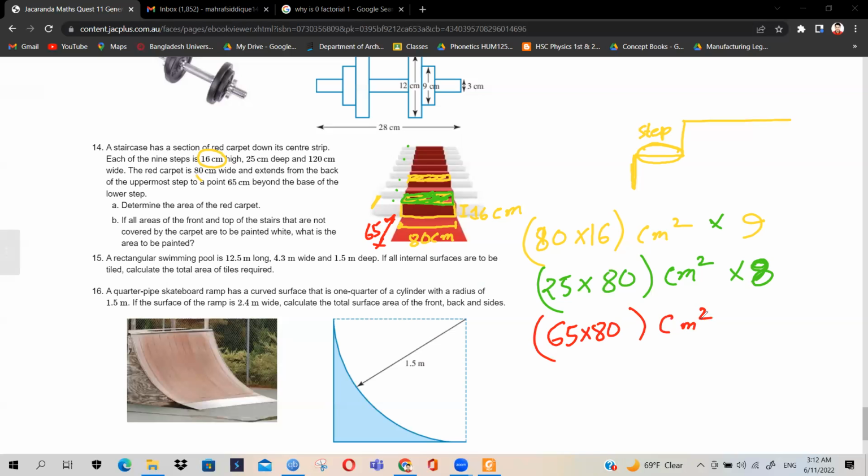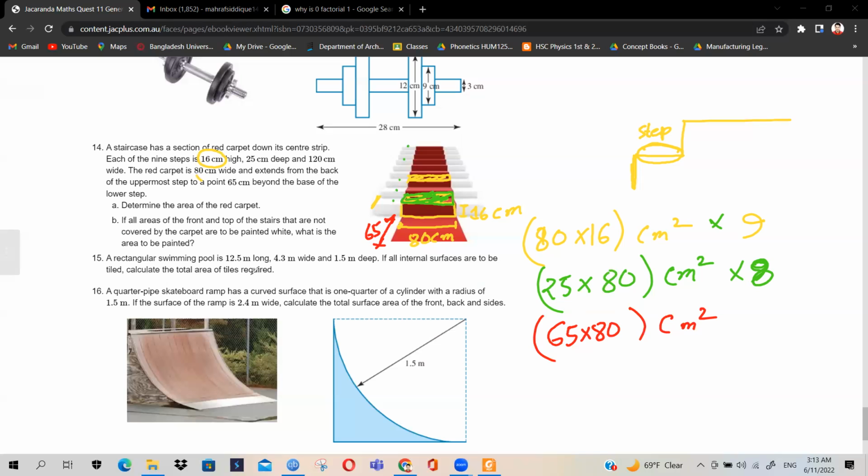So all of them added together will give you the total surface. Formula wise, you don't have to memorize any formula, but conceptually you have to be very careful where you have to multiply by 9, where with 8, and lastly, you have to multiply with 65 and 80.